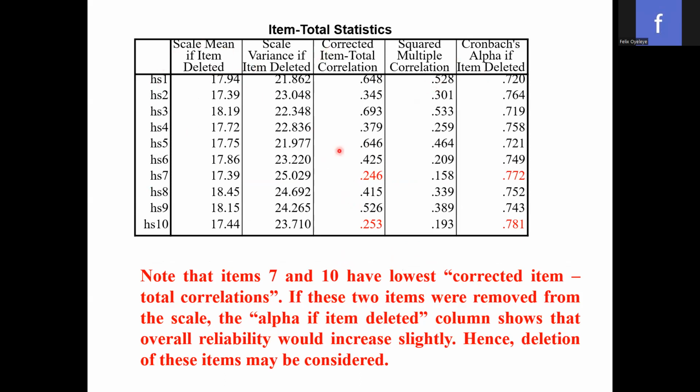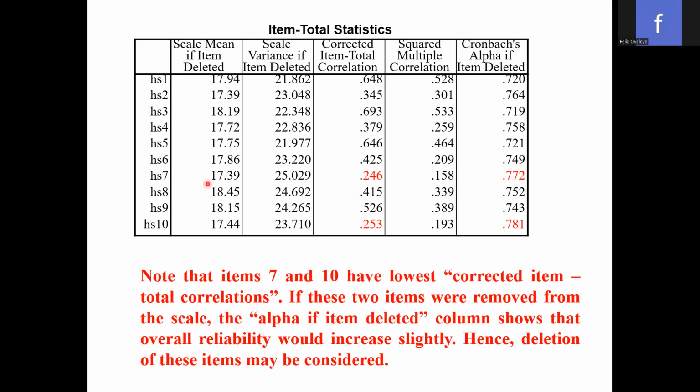The SPSS statistics output will give you this information, and you will see the highlights of specific items in your questionnaire. These are the questions: question 1, question 2, 3, 4, 5, 6, just like that. It will point out some of the questions that are bringing down the reliability check.